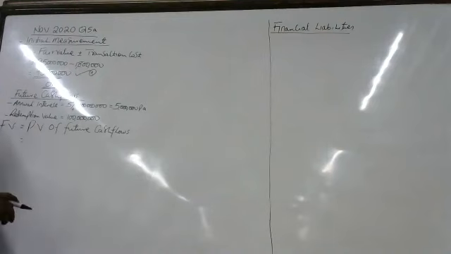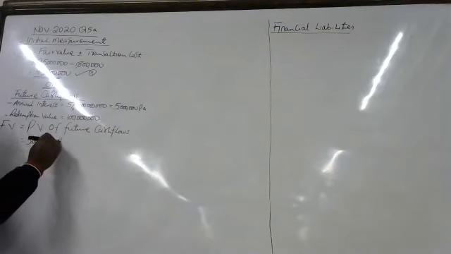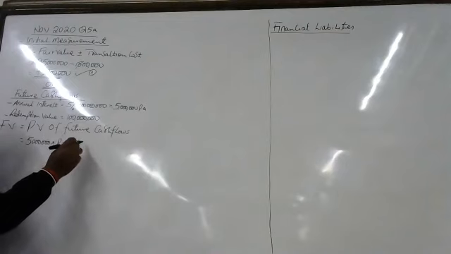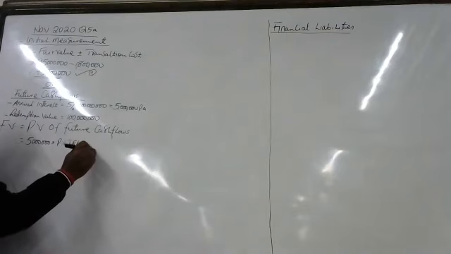We discount the 5 million, an annuity for 3 years, using the effective interest rate, 7.62%. So we say 5 million multiplied by the present value interest factor of an annuity, 7.62%, 3 years.